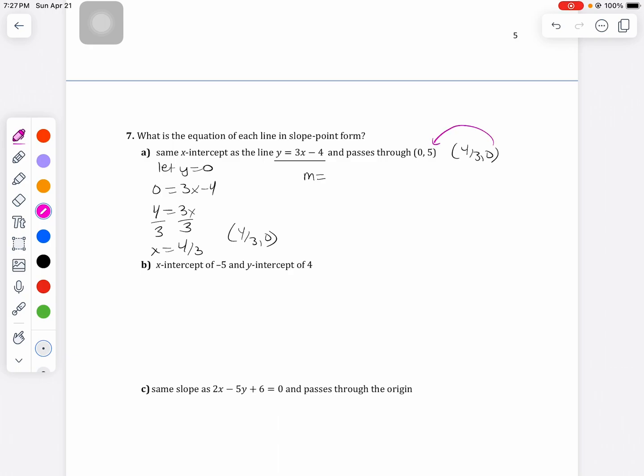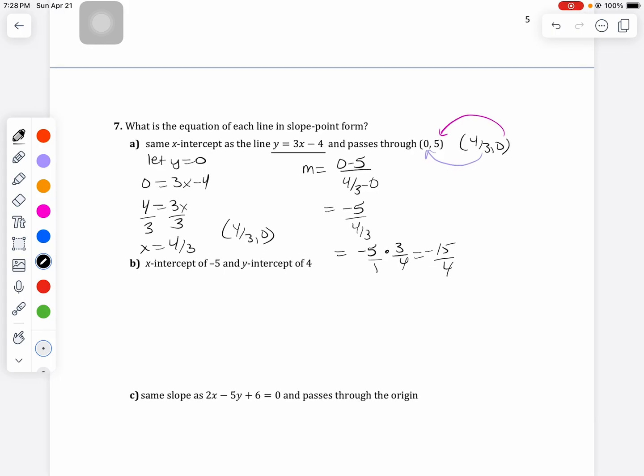And I like to put those on the top. And x2 minus x1. So there's our 0 minus 5 over 4/3 minus 0. So we end up with negative 5 over 4/3. And we can always use our calculator to simplify that, or that's a negative 5 times 3 over 4. We multiply by the reciprocal, negative 15 over 4.